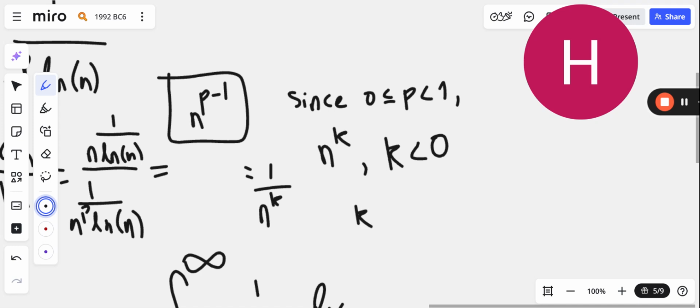Again, where k is some negative number. Oh, sorry, 1 over n to the negative k.